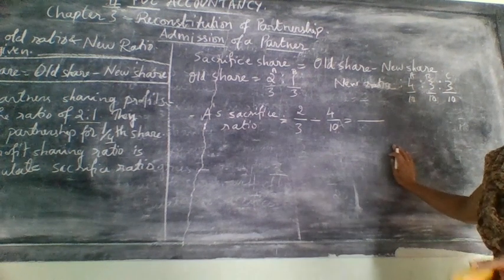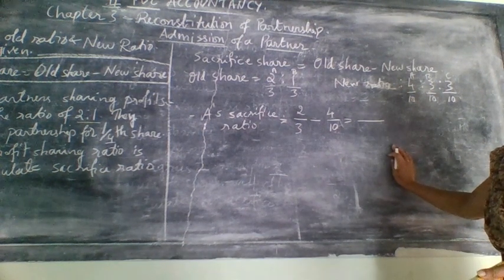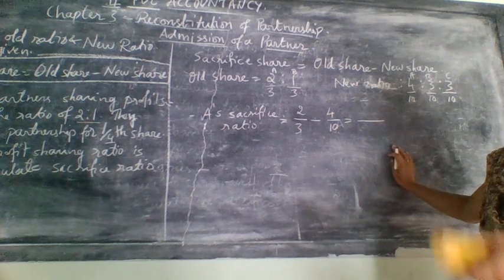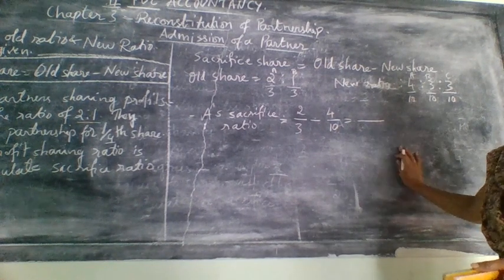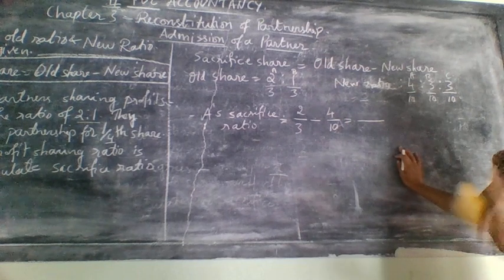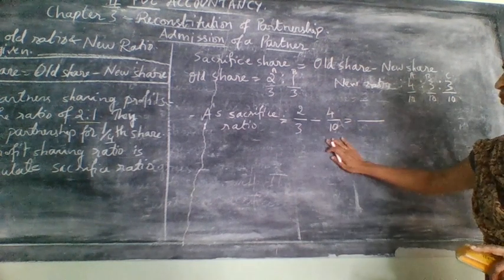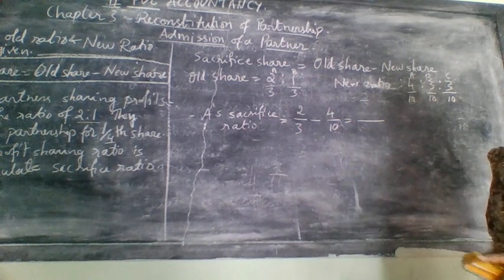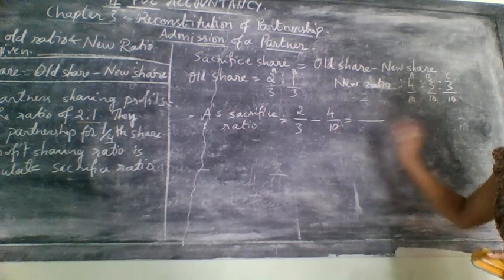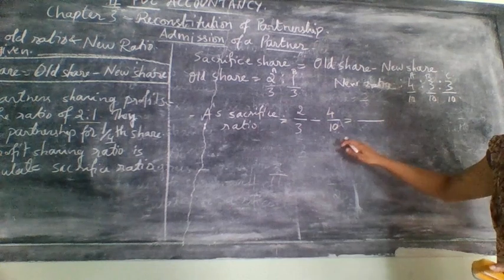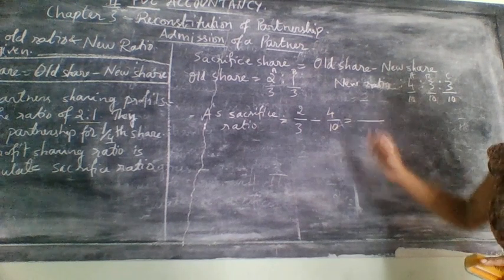There are two ways. Which one will you feel comfortable with? No need to do two methods or two ways of calculating. You can write in any one way. Here I'll do this problem under this method, and next I'll rub this out and do the same problem in the other method.